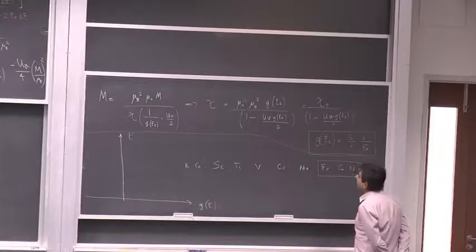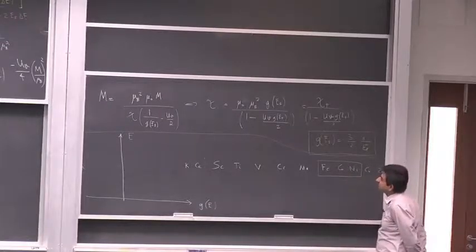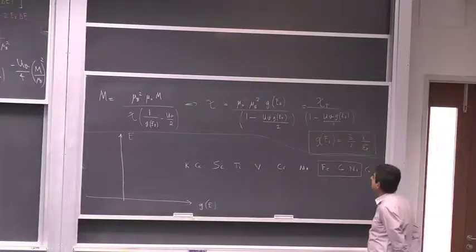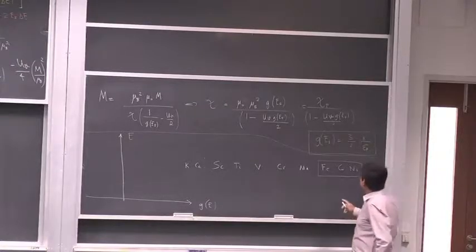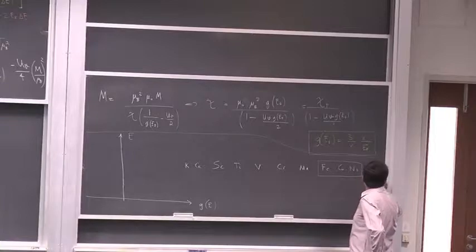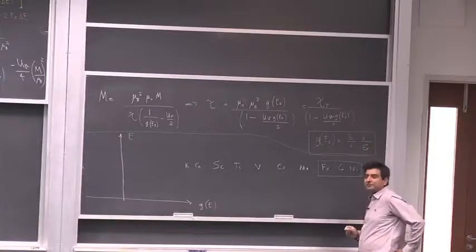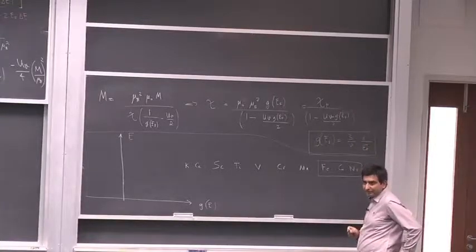Now what we would like to see is, let's see. Suppose we have copper here. Copper is not a ferromagnet. It's a normal diamagnetic material.